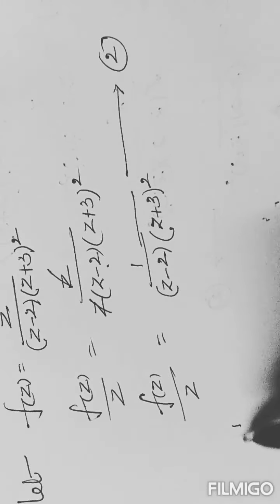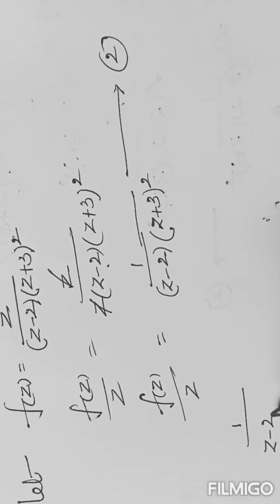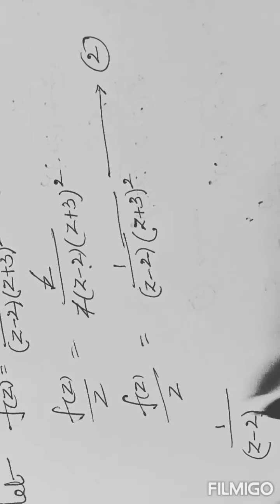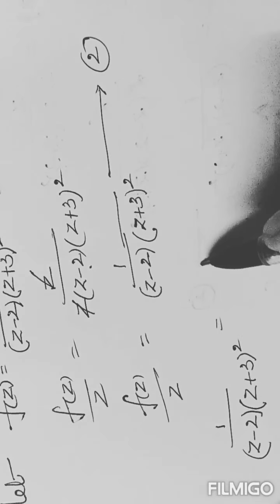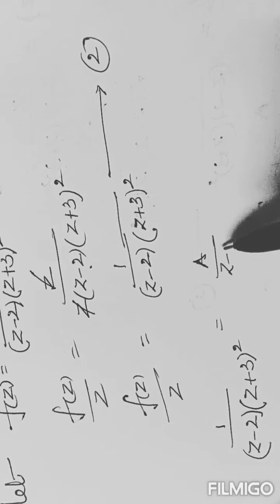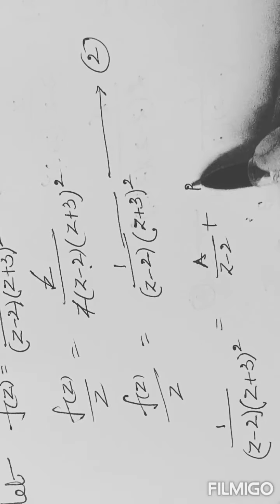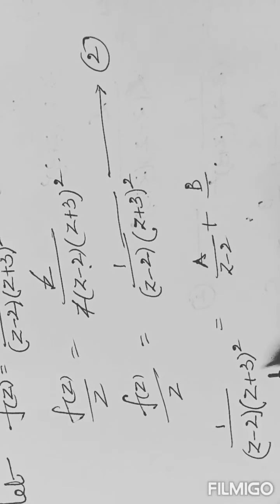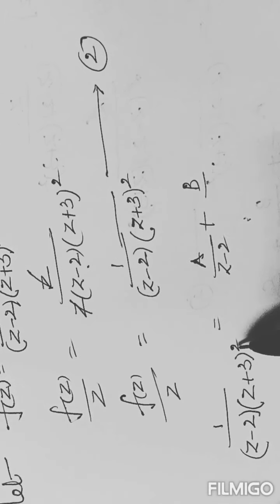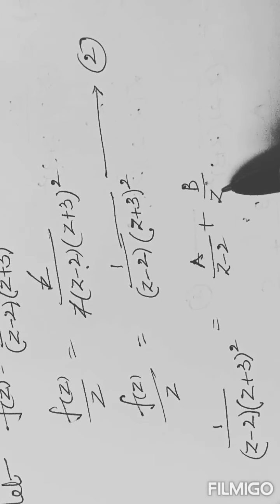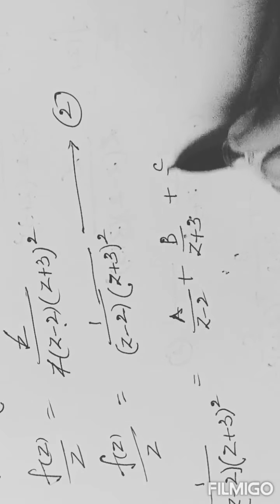Now 1 by z minus 2 into z plus 3 whole square equals a by z minus 2 plus b by z plus 3 plus c by z plus 3 whole square. Here z plus 3 is a first degree factor but repeated twice, so the corresponding fractions can be taken as b by z plus 3, c by z plus 3 whole square.